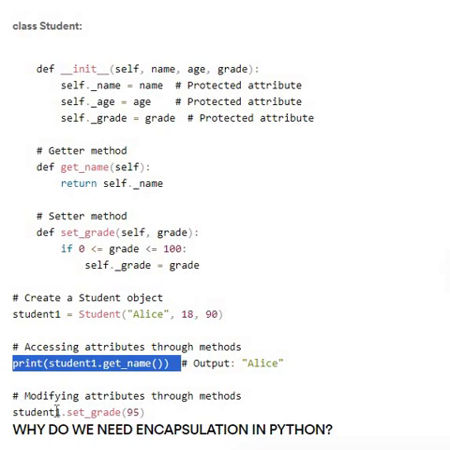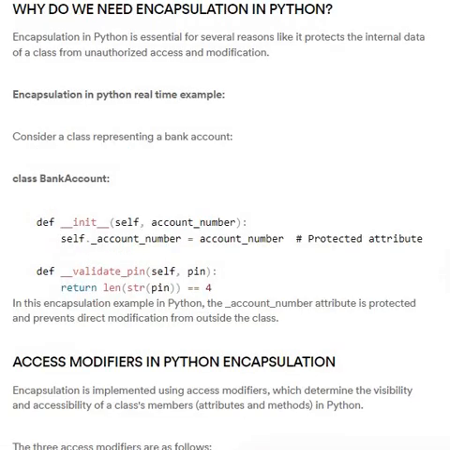If I want to modify or to do anything on the attributes of any particular class, I have to do it through methods only. So we need it to protect the internal data of any particular class from unauthorized access and modification. Look at the class name BankAccount.